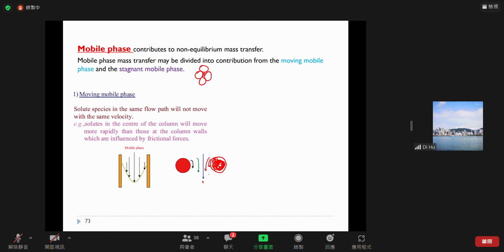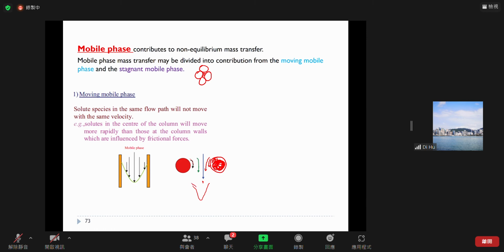Those that move along the edge are slowed down by frictional forces. This is the hydrodynamic flow of the solvent, the mobile phase. The one in the middle moves faster, and the one along the edge of the particle moves slower. So the one in the middle comes out first, and the one at the edge comes out later.